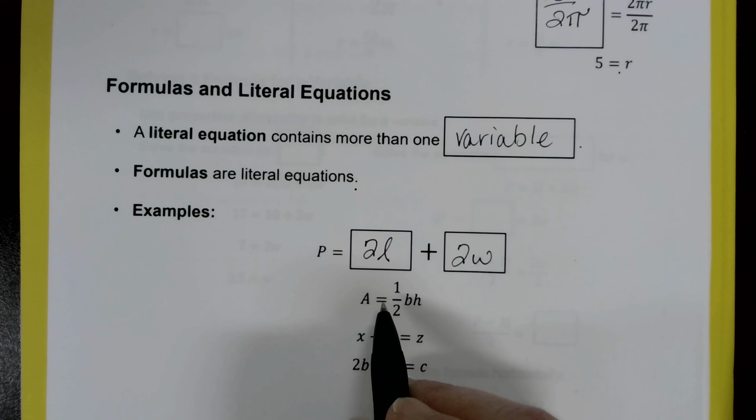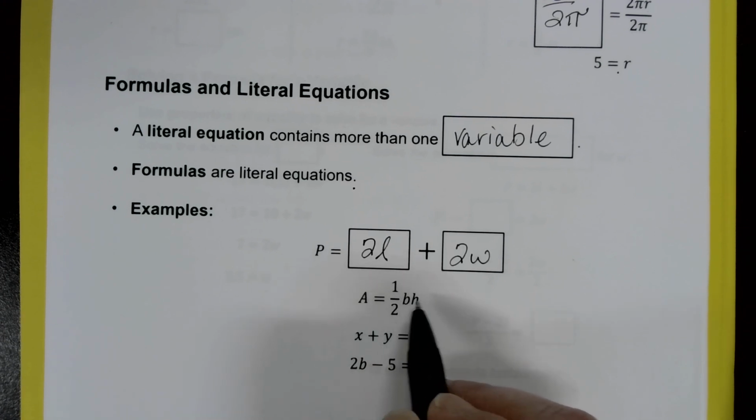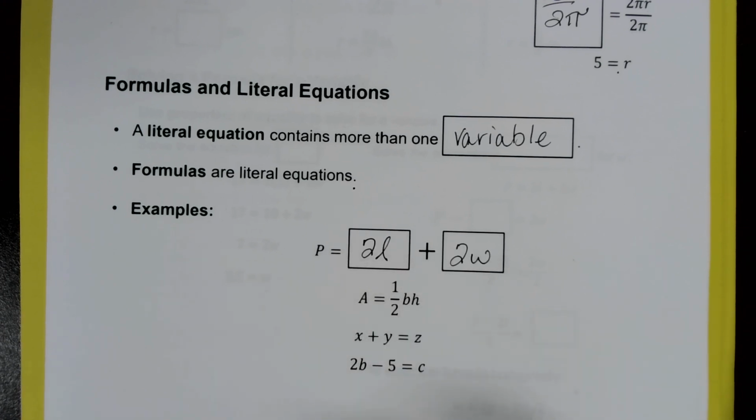The area of a triangle is 1/2 of the base times the height. x plus y equals z. That's a formula. Nothing in particular. You just call it the formula to your bank account and your husband's bank account, how much money you've got all together. You know, 2b minus 5 equals c. 2 variables. Formula.